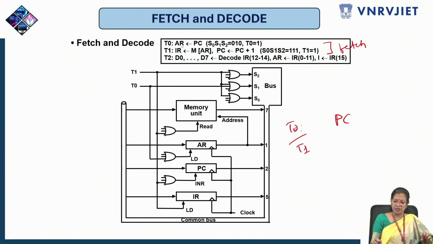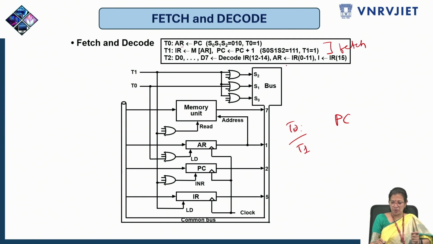Decode will be done during T2, and if required it may also extend to the consecutive timing signals. What happens during decoding is that bits 12 to 14, which are the opcode, generate the control signals D0 to D7.